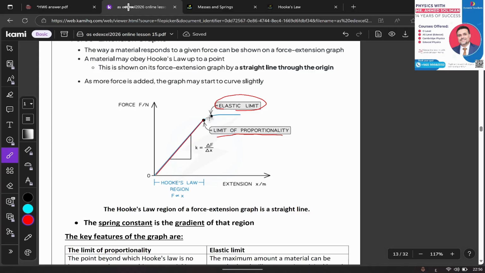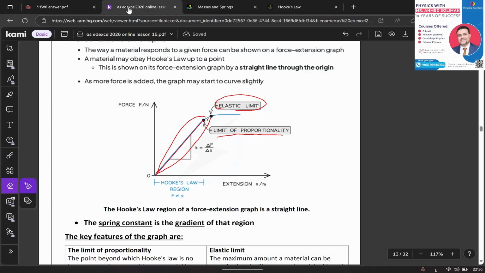Okay, before elastic limit, the object can return to its original shape. Any point before elastic limit, when we release the force, the object will return to its original length. But after elastic limit, the object will be permanently stretched.